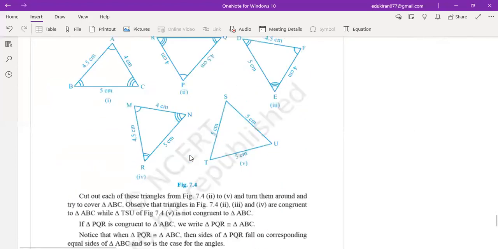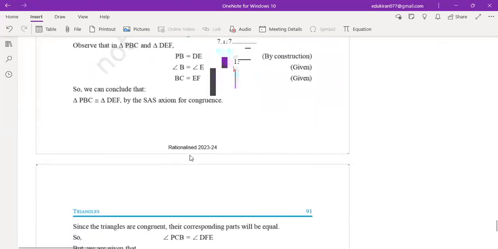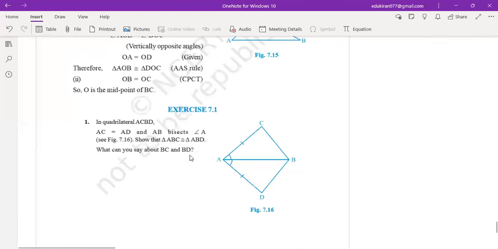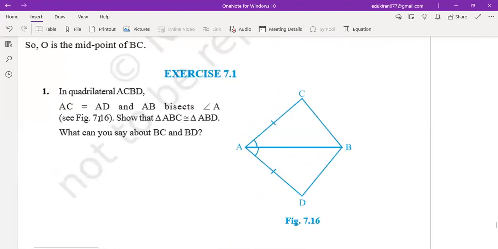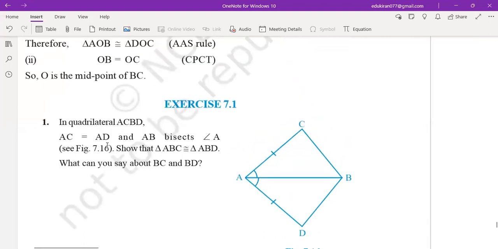Okay, so let's just start. Coming to the very first question, this one. In a quadrilateral, AC is equal to AD and AB bisects angle A.